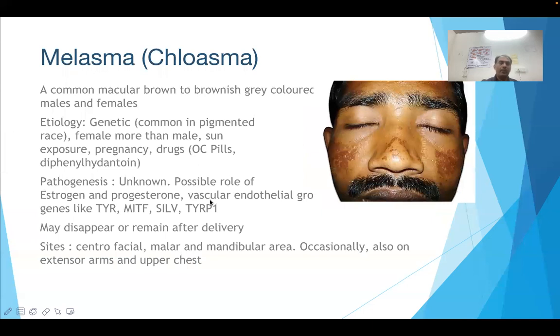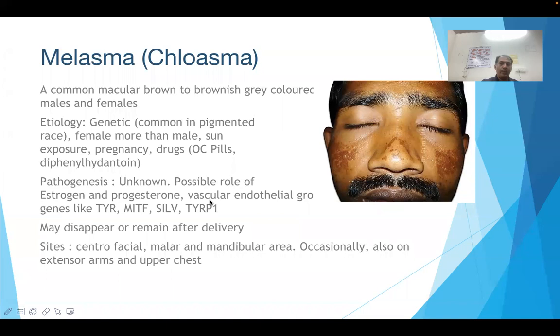Melasma is a common hyperpigmentary disorder which occurs as macular brown to brown-gray colored pigmentation in males and females. Many things have been implicated in etiology. Oral contraceptive pills, hormonal factors, and sun exposure are a few of them.